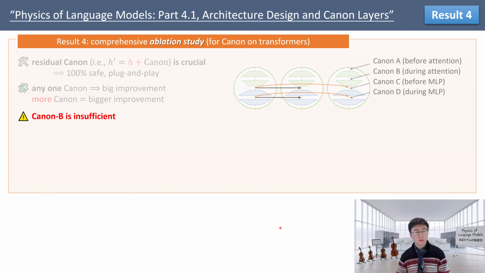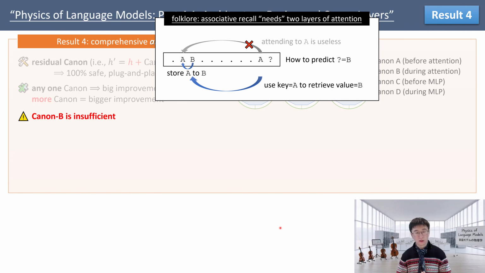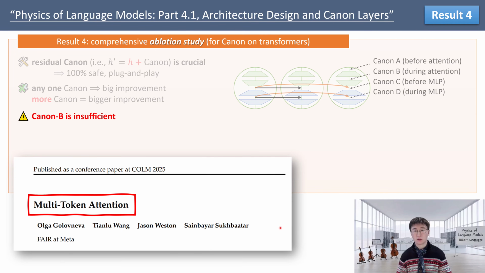So the third ablation study I'm going to do is regarding this Canon B design. I want to emphasize that Canon B is insufficient. Let me explain. I showed you this folklore that associative recall needs 2 layers of attention, right? This is well known among researchers, and people have been thinking about how to repair attention, how to change it so that it only requires 1 layer of attention.